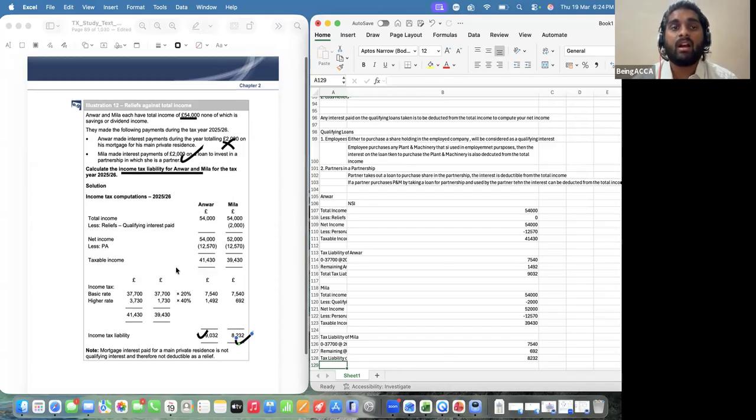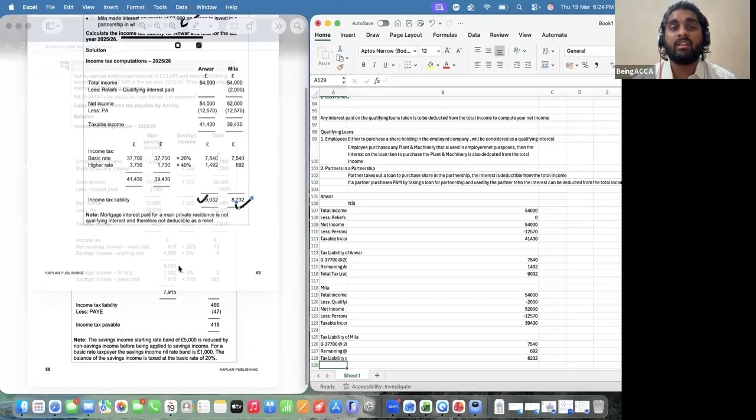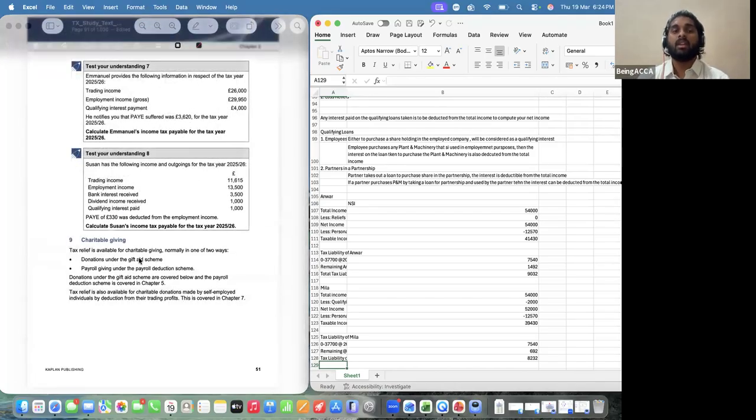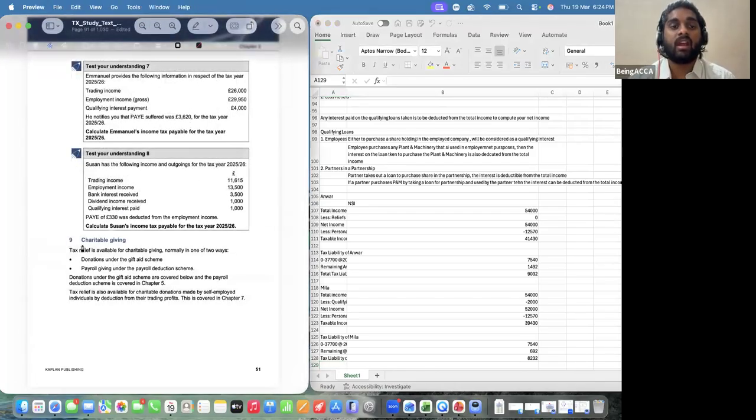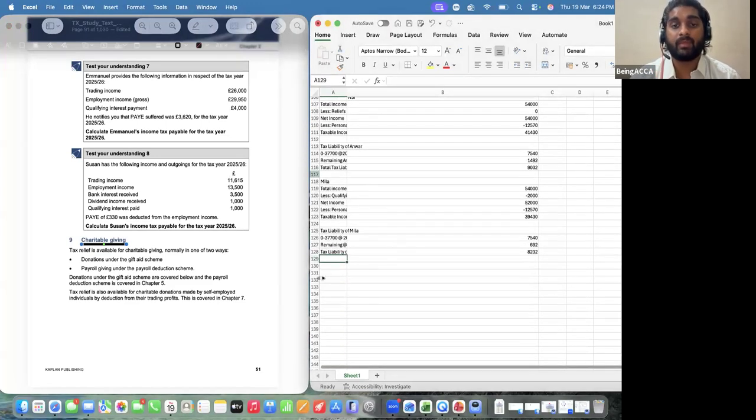All right. After completing this, we will move on to the next important concept, discussing charitable donations and gifted donations. Charitable donations and personal pension contribution, because their treatment is very similar. Why do we need to know about charitable donations? There are two reasons.